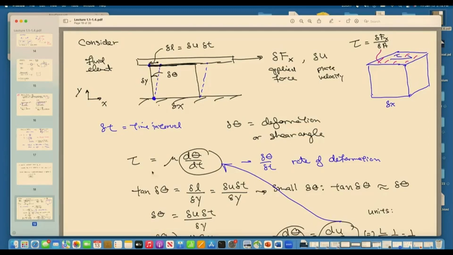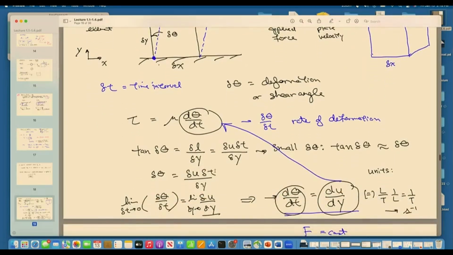And then tan delta theta is delta L over delta y. Okay, so that's this angle. And then we can express the delta L by delta U delta t over delta y. But we know that for small angles, the tangent of the angle is approximately the angle. So we replace tan delta theta with delta theta. Okay? And then we divide the delta t out, so it's on the other side. So we have delta theta over delta t equal delta U over delta y.